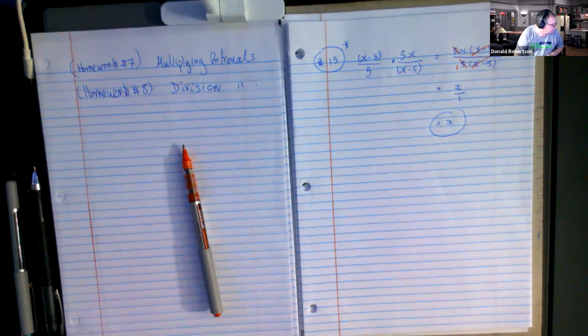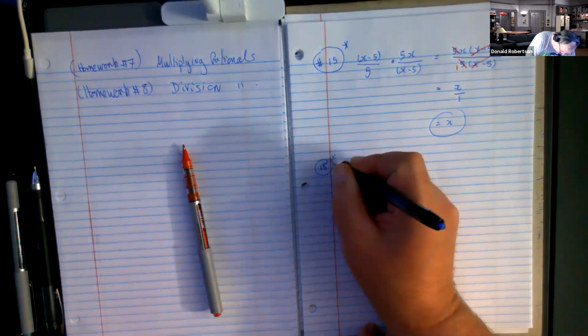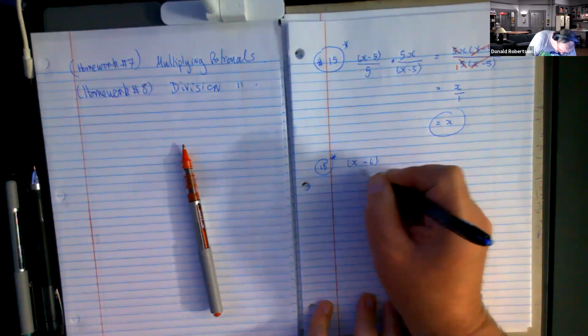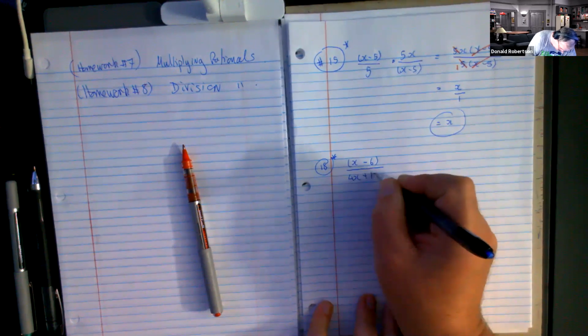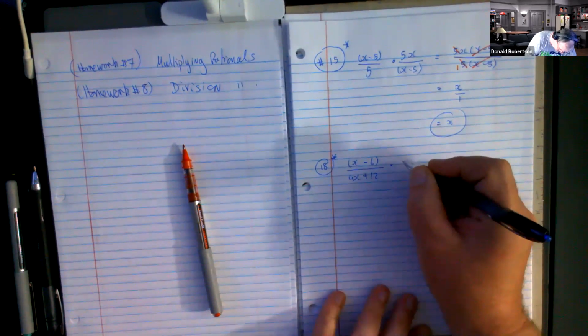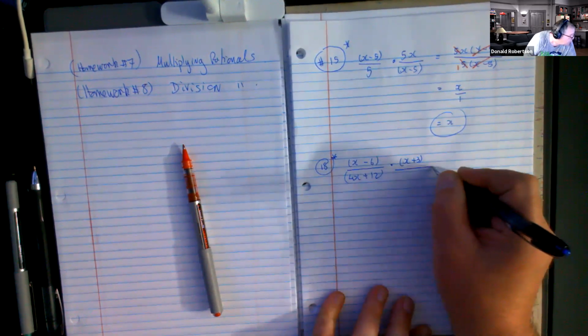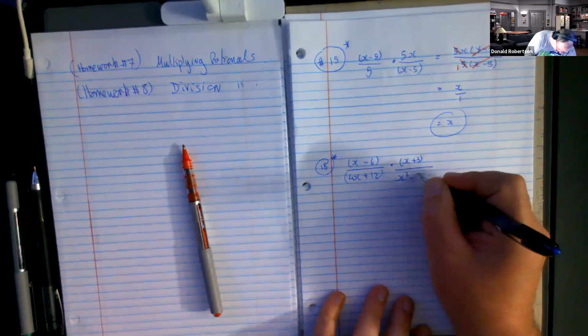Okay. Let's try. This is a version, this is 18. We have (x take away 6) over (4x add 12), and we're going to multiply it by (x add 3) all over (x squared minus 36).